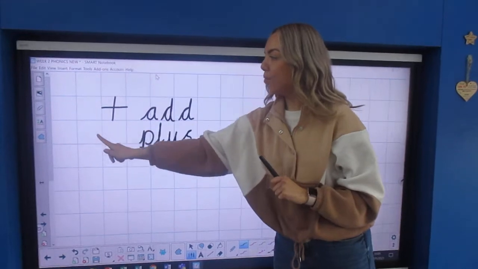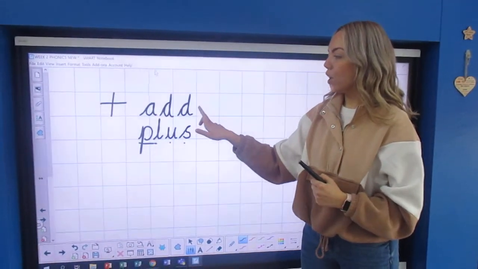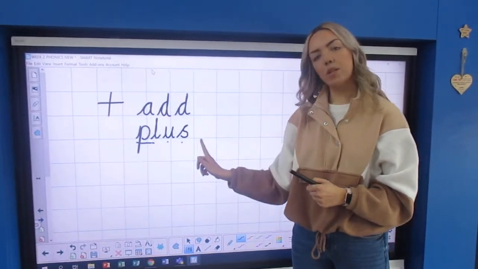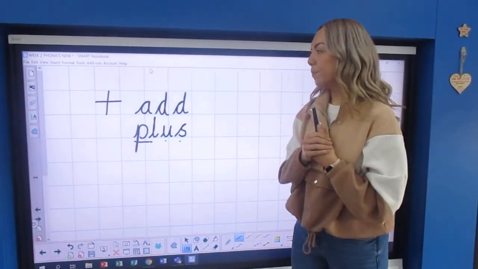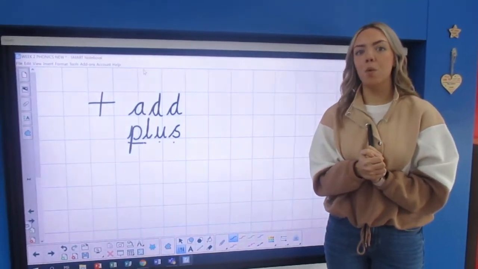So we know now that this is our symbol and you should have had a really good go at writing our vocabulary for add and plus, okay? Super job.